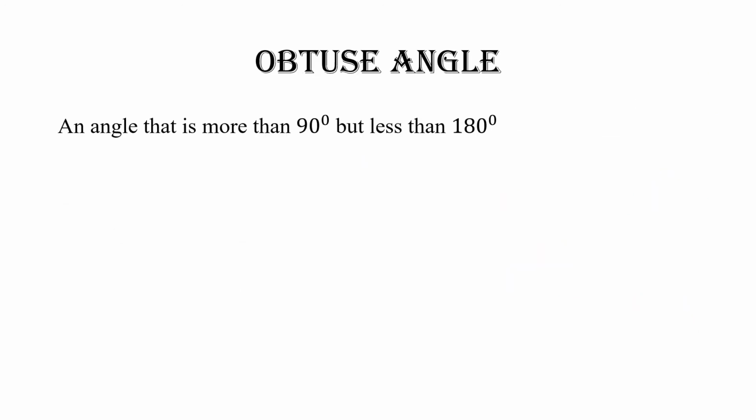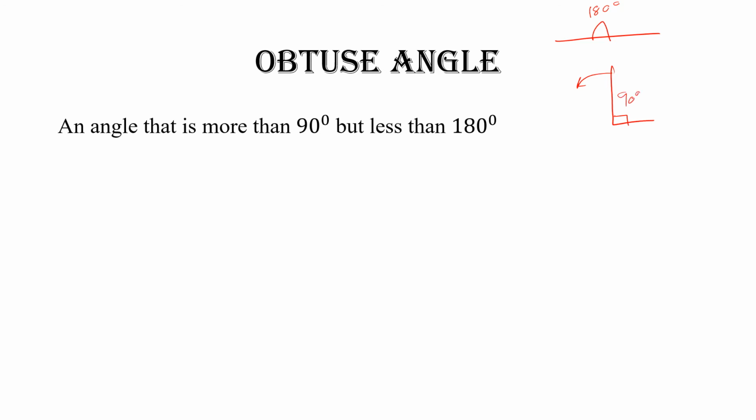Obtuse angle, again, we have 2 points of reference here, 90 degrees and 180 degrees. So remember we said earlier, this is what a 90-degree angle generally looks like, and this is generally what 180 degrees looks like.